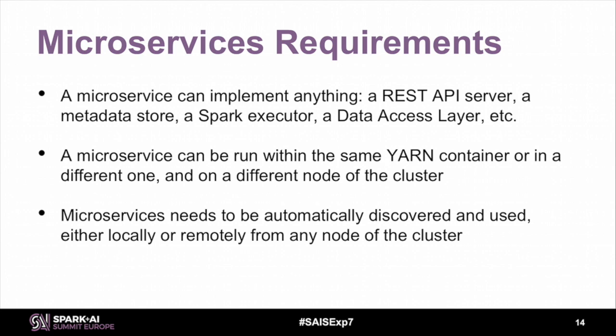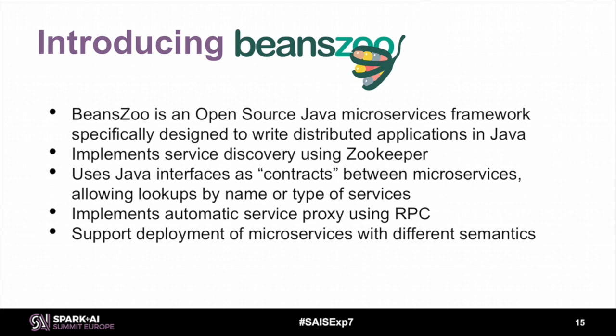And at that point, when I want to interact with microservices, I need these services to discover each other automatically. For this reason, and this has been a journey for some time actually, we have built a library that allows us to build microservices-based applications on top of YARN.